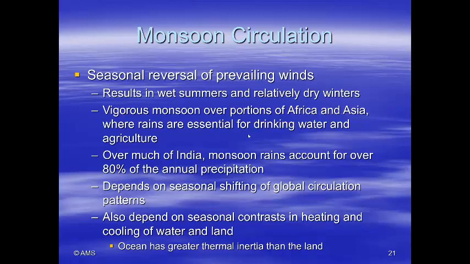Now normally in New Jersey, what we expect is we have warm summers and cold winters, followed by a warm summer and a cold winter. And it oscillates back and forth between this cold winter and the hot summers.